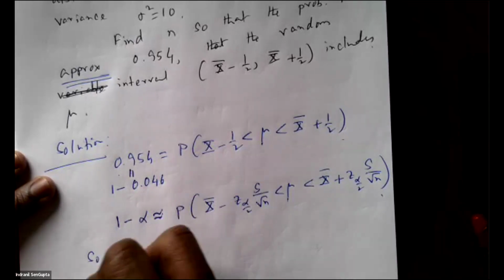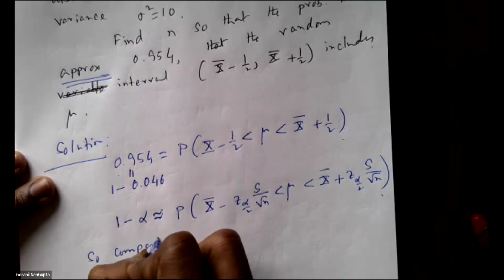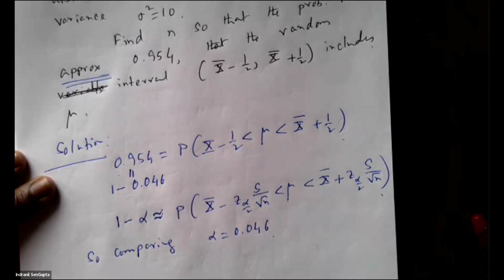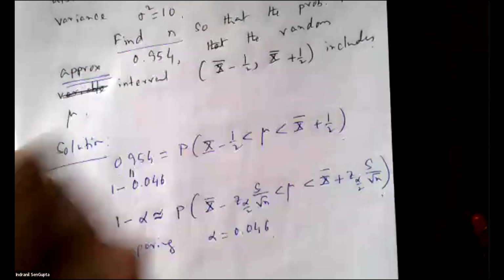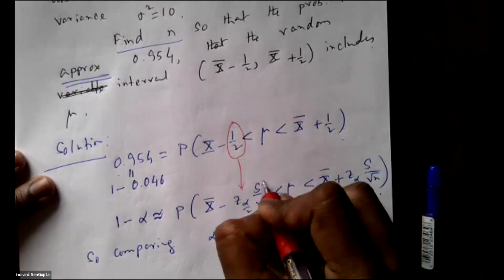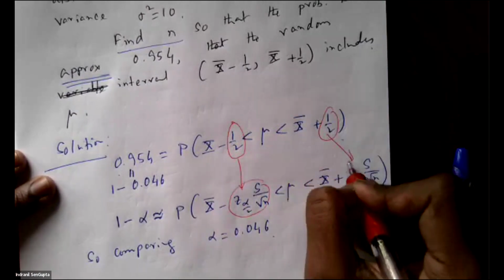So alpha is 0.046. We are trying to find n, right? Once again, observe that this and this are matching.